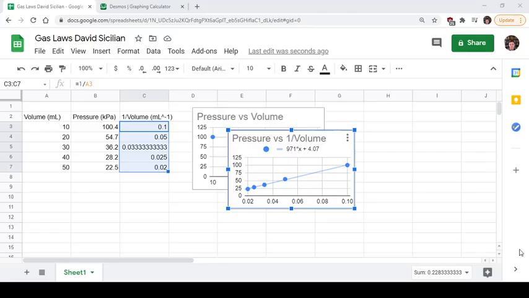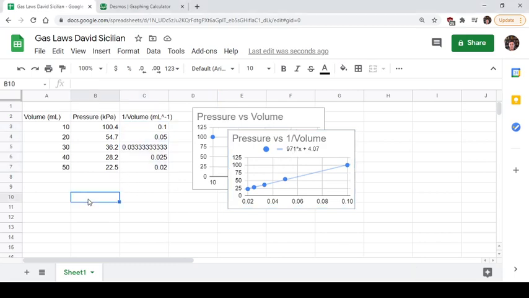Now, as you can see, we have a slope of 971. So this 971 is equal to our n times R times temperature. So I'm going to assume that this experiment was done at a normal room temperature, which would be 20 degrees Celsius or 298 Kelvin.